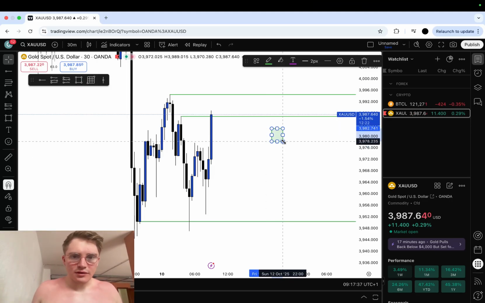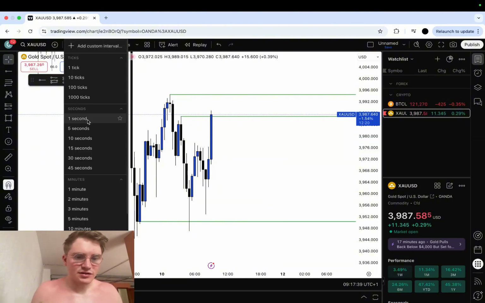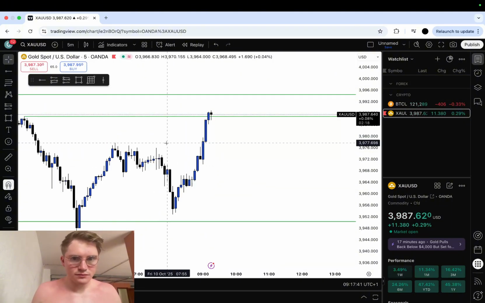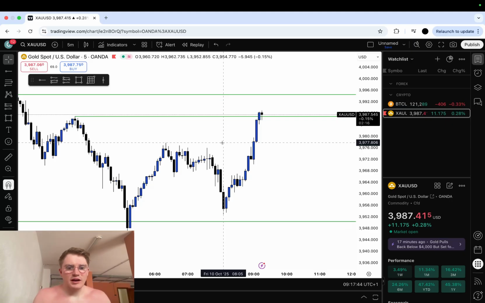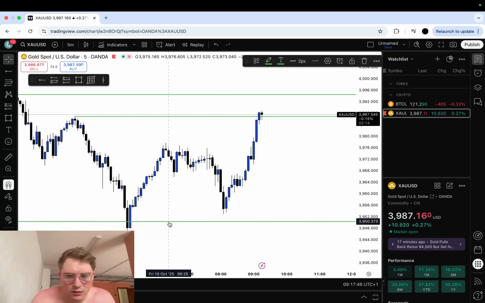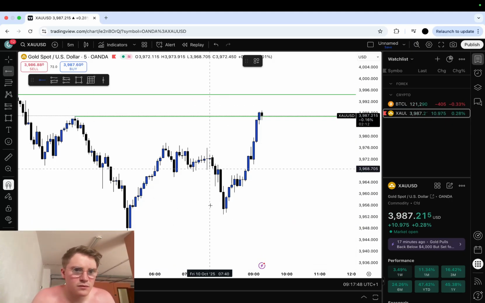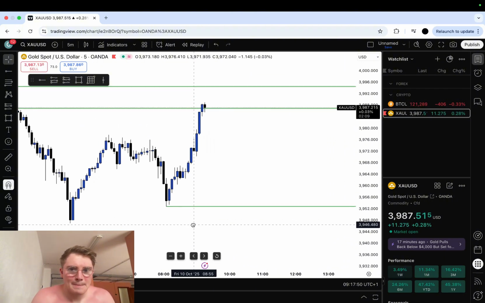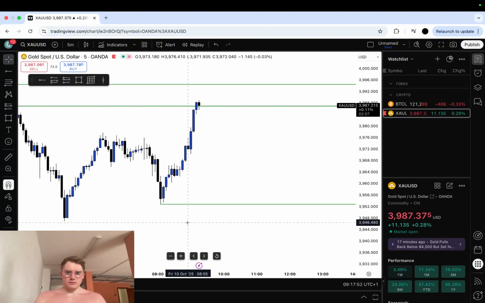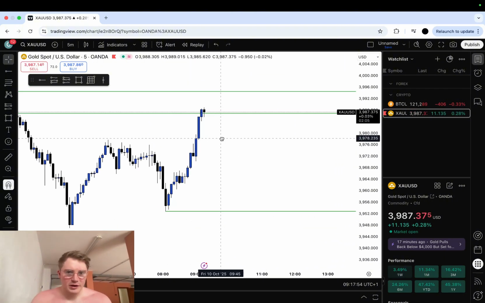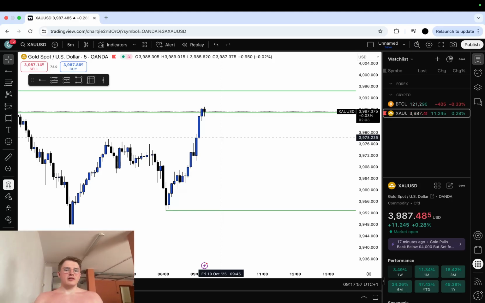I'll need to give it a bit of time, see how it reacts on the 5 minute to these highs right here. Maybe we'll get another break of structure, and then that could be our downtrend. I don't know. I'll come back in a bit and see.